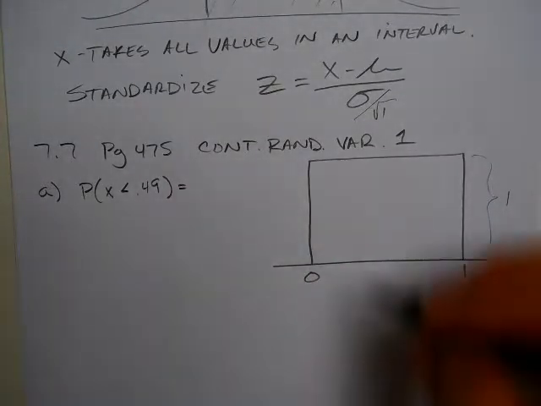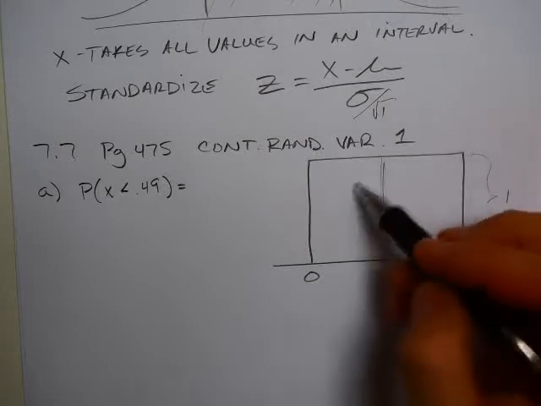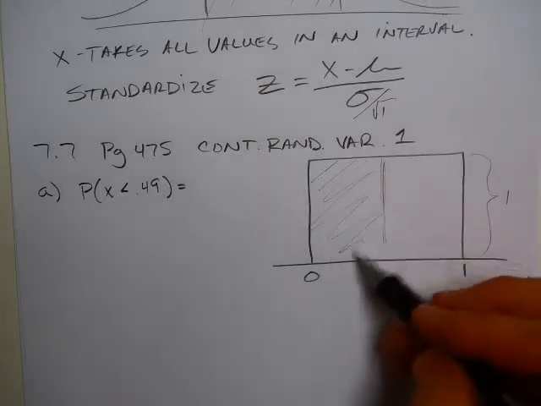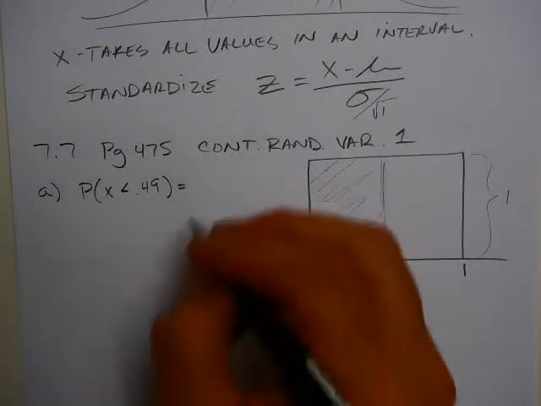So if I were to put that 0.49, maybe about here, and I'm looking for this side, what's the probability that it's less than? Yeah, Ingersoll? It'd just be 0.49.